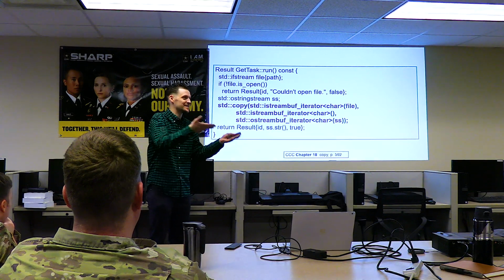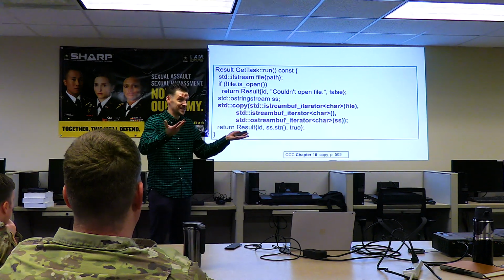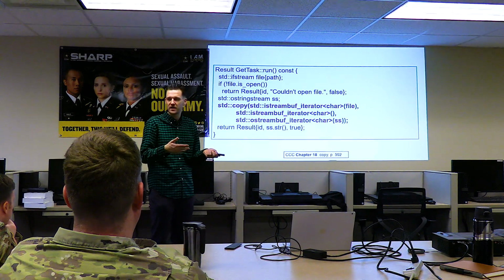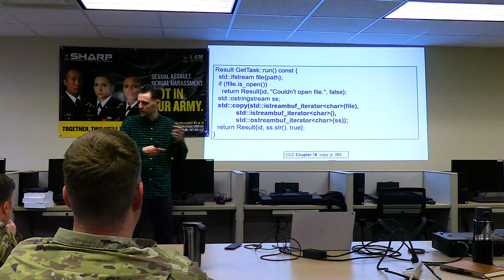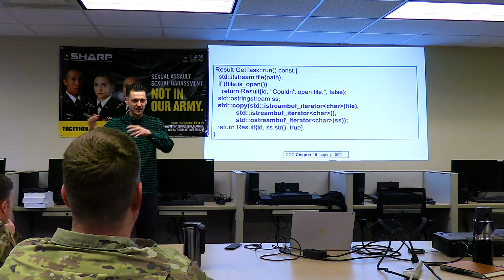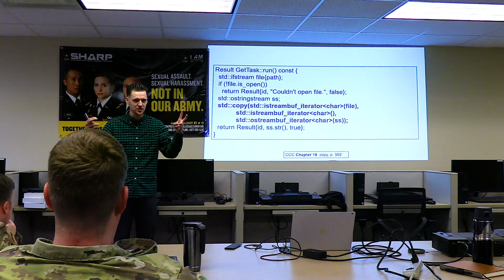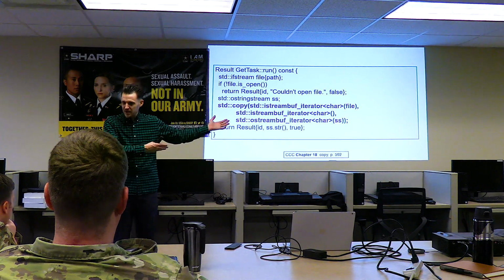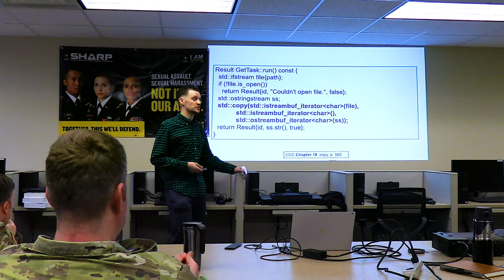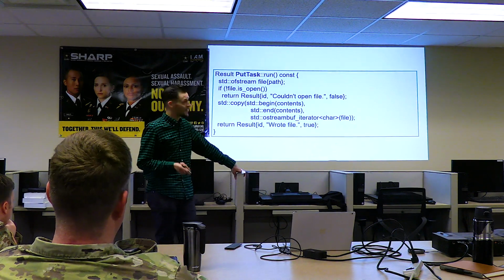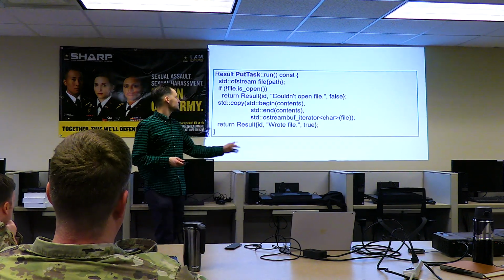You're like, no, I just want to copy this thing into this thing. Why do I have to tell you that it has a begin method? In the same way that in a for loop, I showed you how range-based for loops work. Or in Python, you just write for x in whatever. It has list comprehension. We want to get list comprehension for C++, and in a lot of ways we're going to get that in C++ 20, so it's pretty cool. Got that going for us.